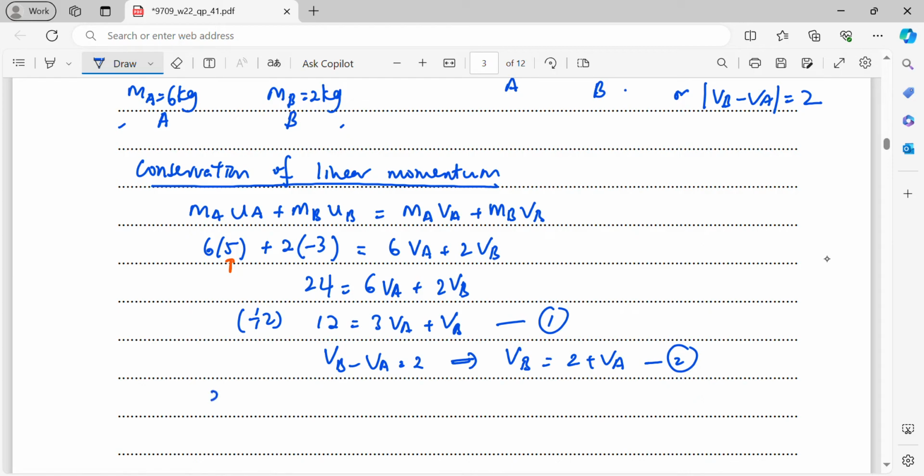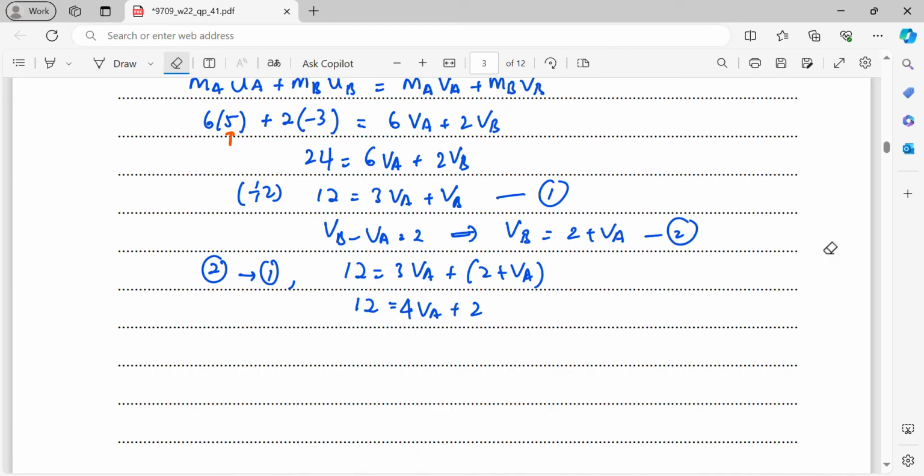Now you substitute the second into the first. So I will get 12 equals 3vA plus 2 plus vA, that is my vB. Then 12 equals 3vA plus 2 plus vA, which means it is 4vA. Therefore 4vA equals 10.